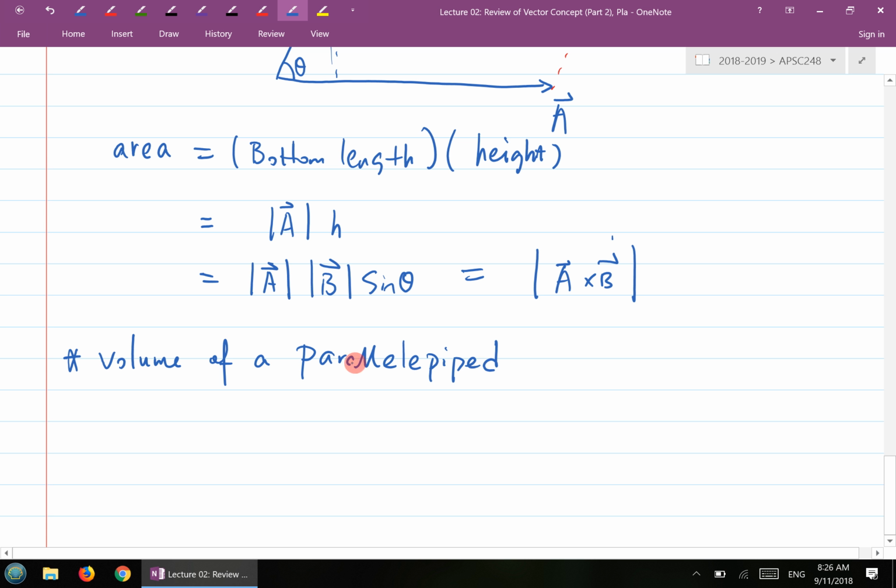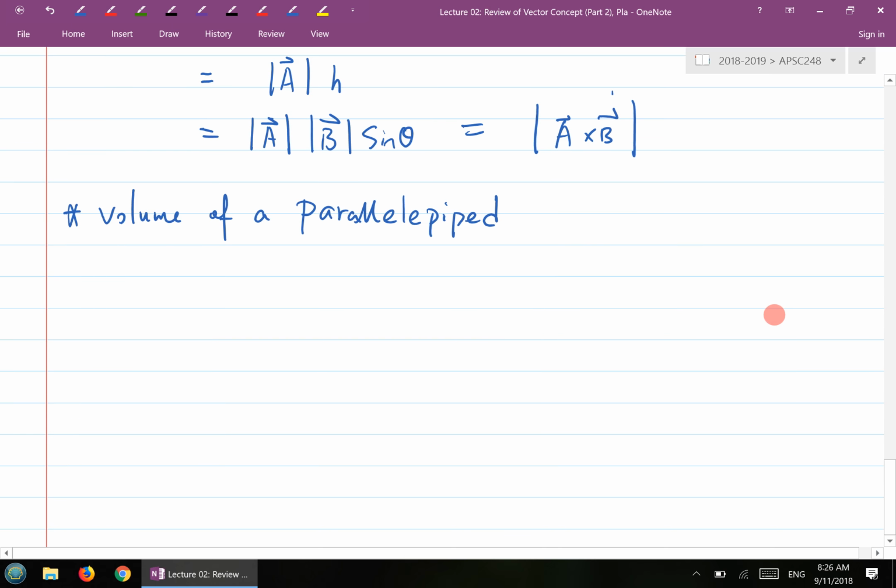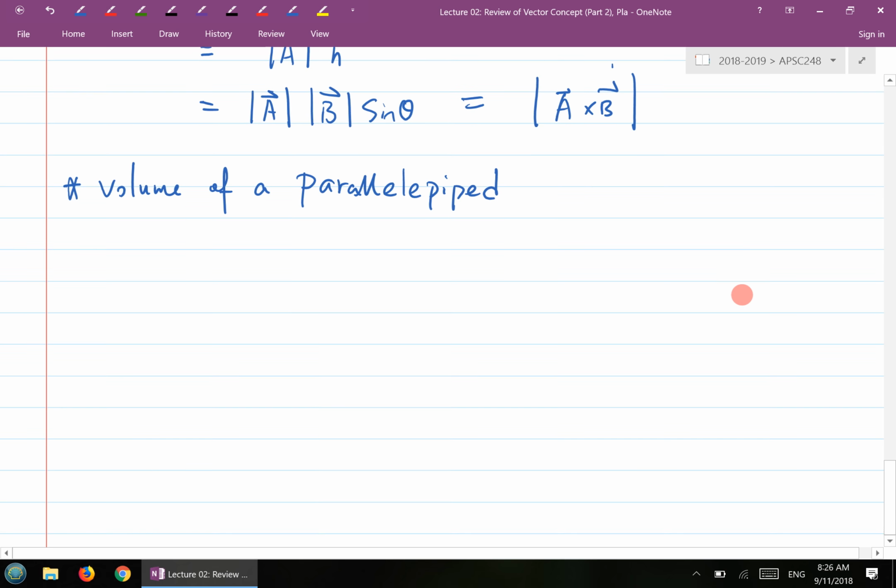It's a relatively long word. The volume of a parallelepiped. So let's take a look at what exactly this parallelepiped means. So here's what it means. I'm going to move up a little bit. Everyone following? Okay. So same thing.